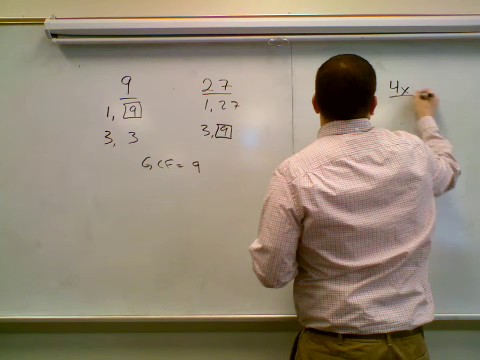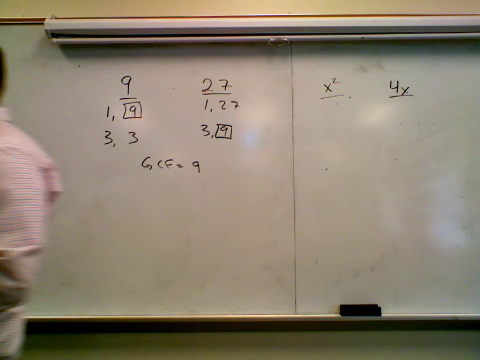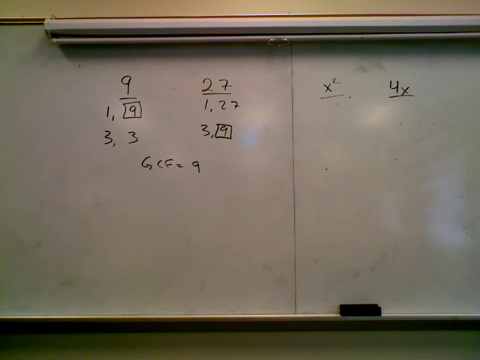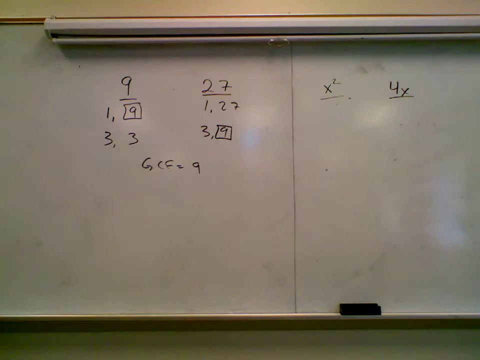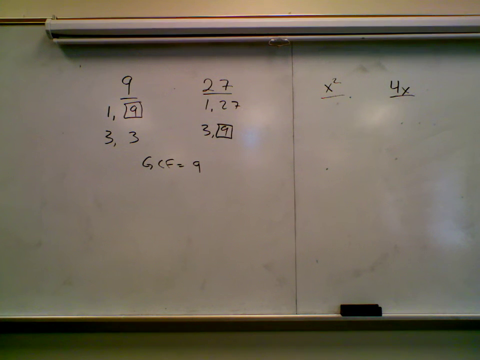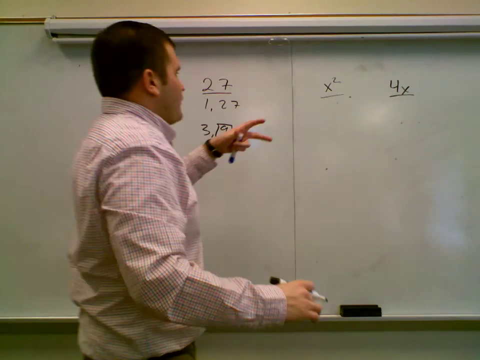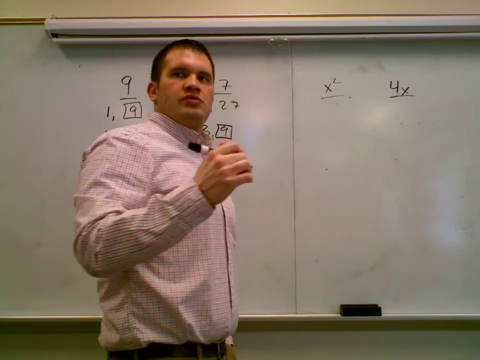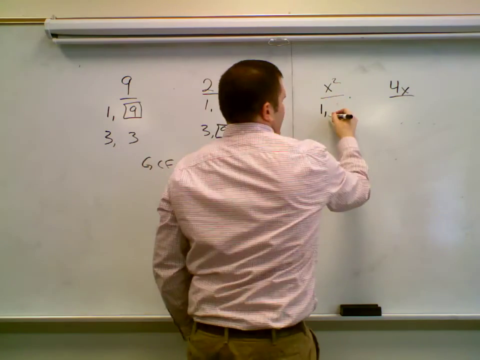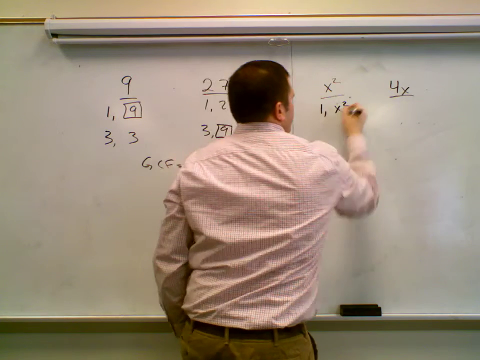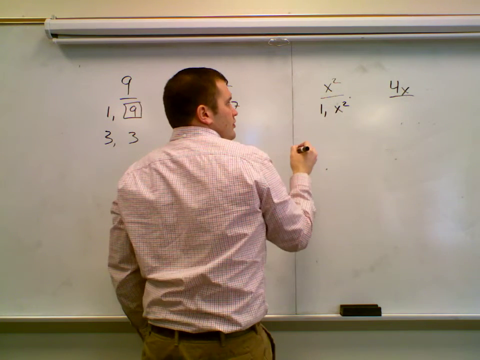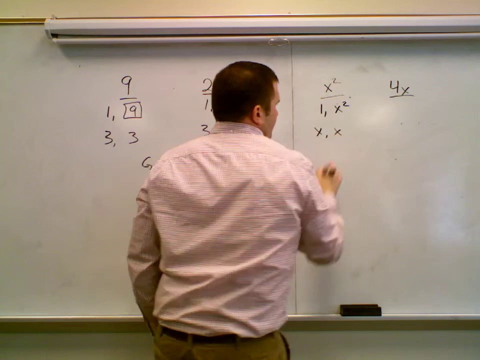So let's make a list. We jump to E, just in the interest of time. What are the factors of x squared? 1 and x squared. x and x, right?